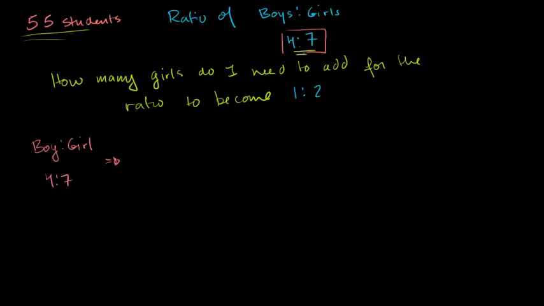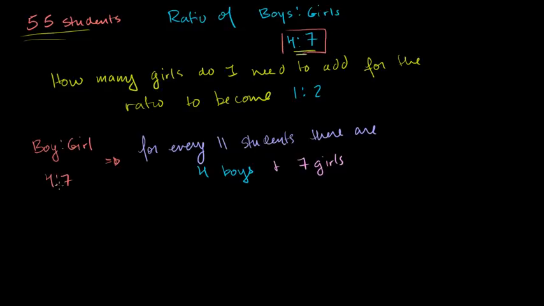What does that mean? If you add up these two, that means for every 11 students, there are 4 boys and 7 girls.